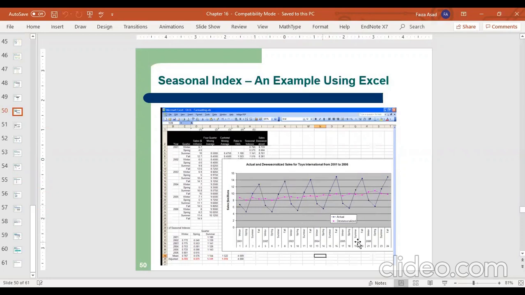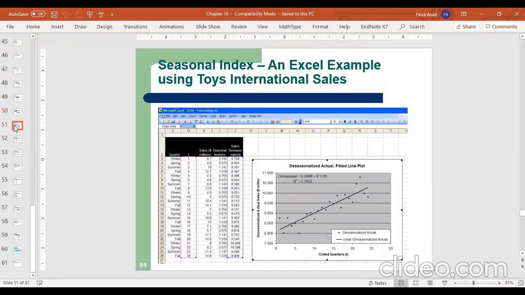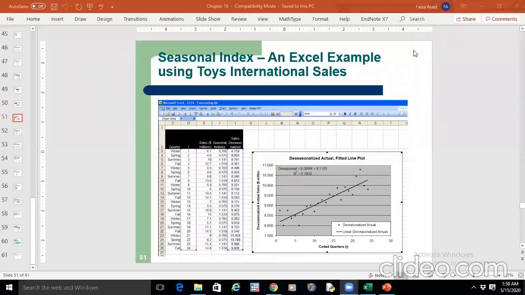On the vertical axis you have sales, and on the horizontal axis you have quarters for each year. After calculating the deseasonalized sales, this is the equation for the fitted line, and R square is the coefficient of determination, which measures the strength of the relationship between two variables. Let's move on to the next slide.